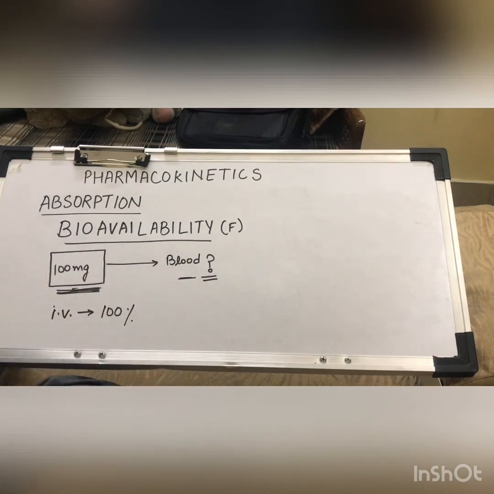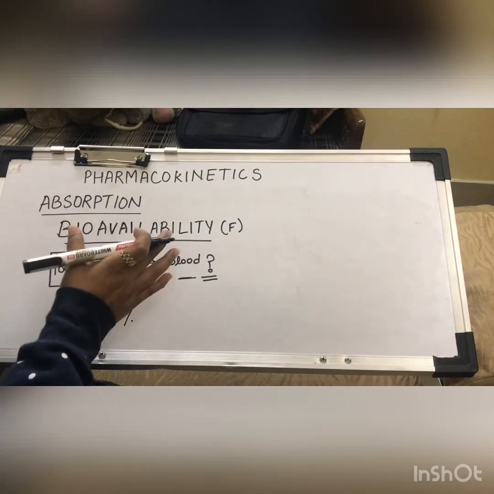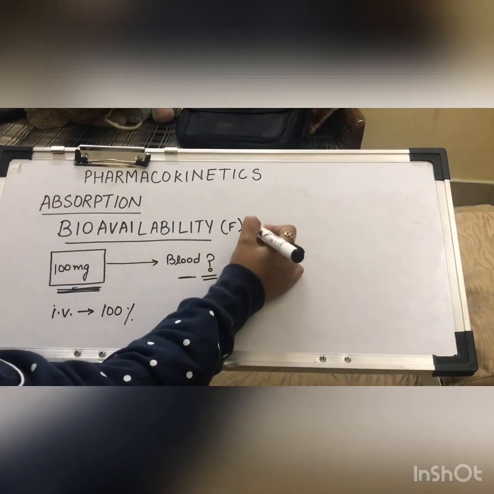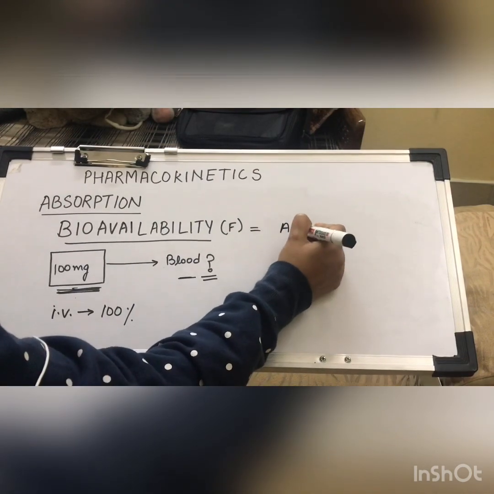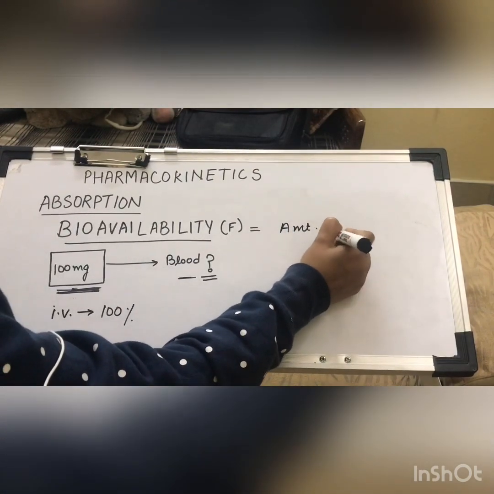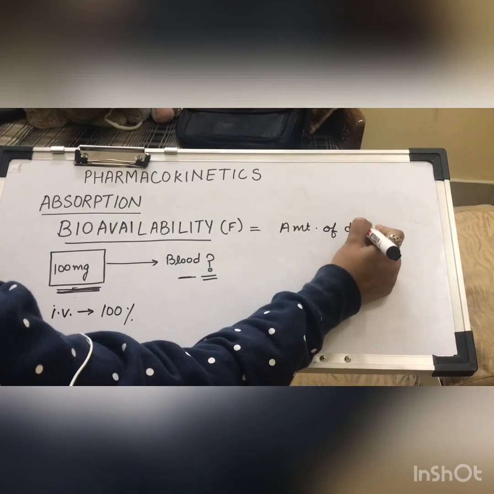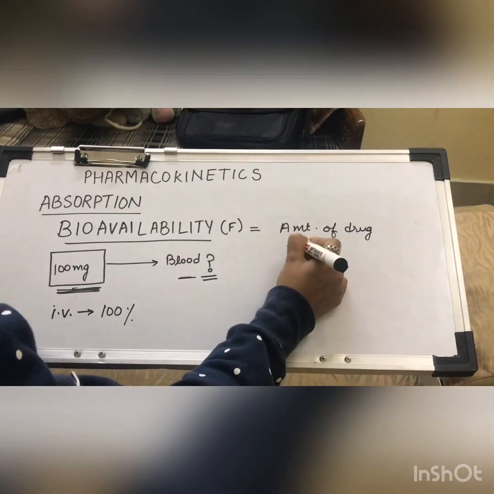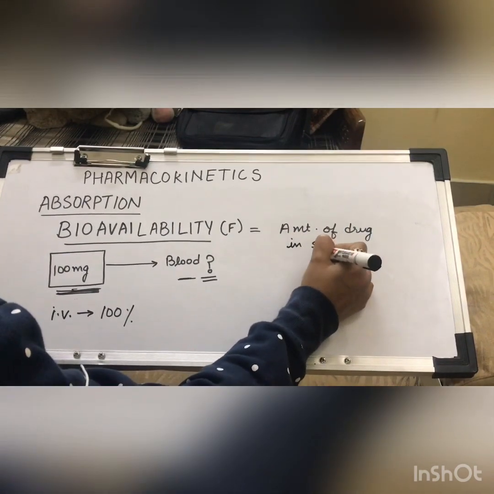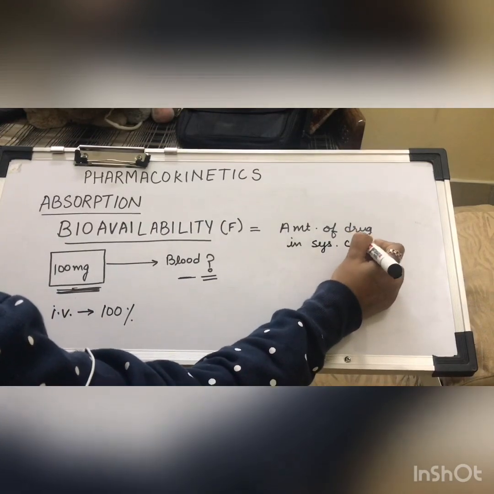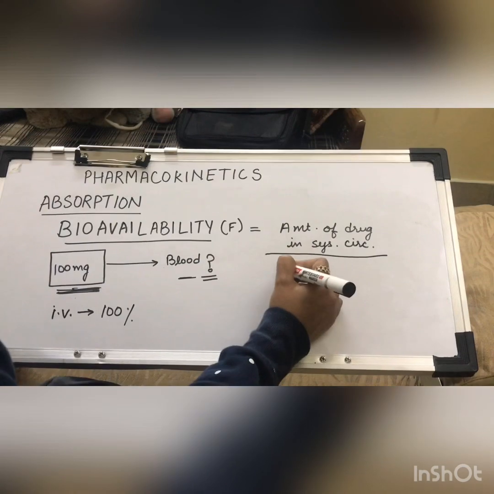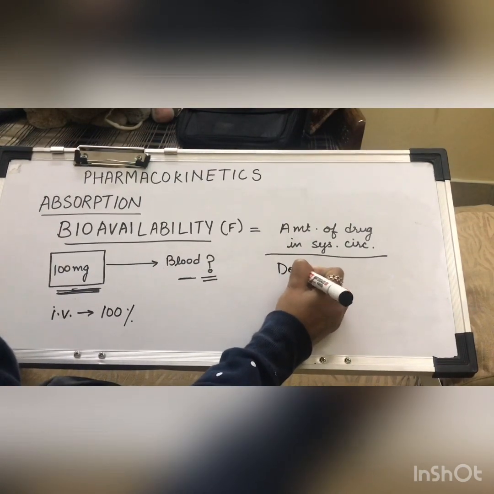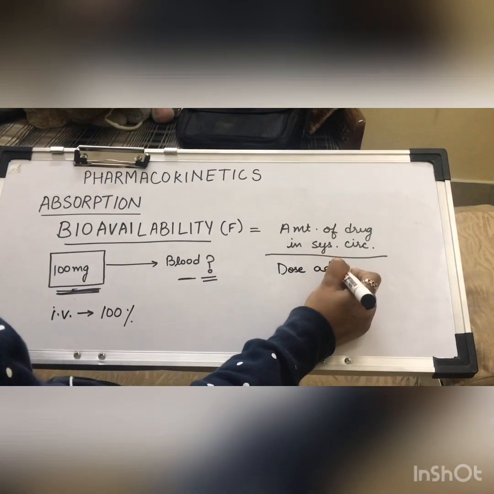So how can you calculate systemic bioavailability? There is a formula, that is amount of drug in systemic circulation divided by the dose you have administered.